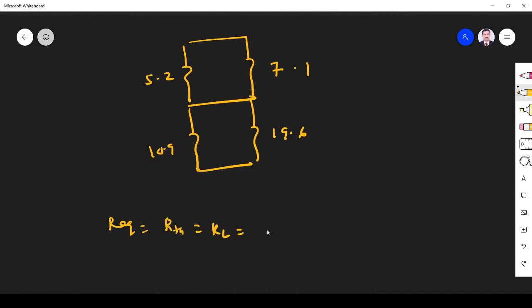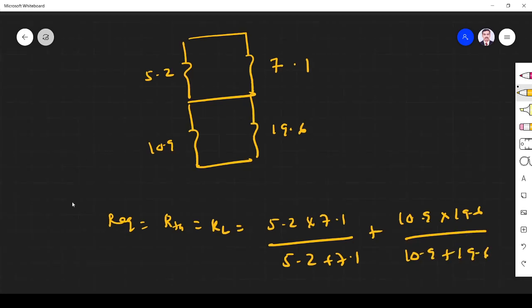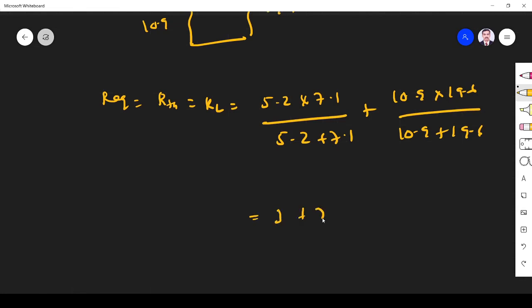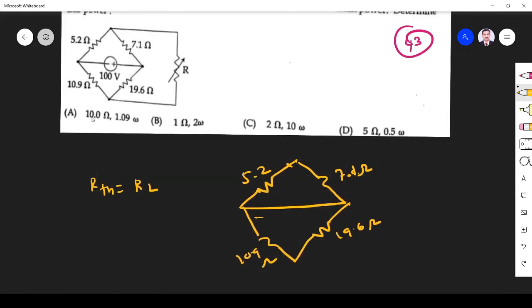R equivalent I can write as 5.2 parallel with 7.1, plus 10.9 parallel with 19.6. So it will be equal to 3 plus 7, so 10 ohm. So RL must be equal to 10 ohm. Is there any other option with 10 ohm? No, here it is RL 2 ohm, 5 ohm. So option A is the right answer. You don't need to find the power, directly you can write the answer, right? Okay.